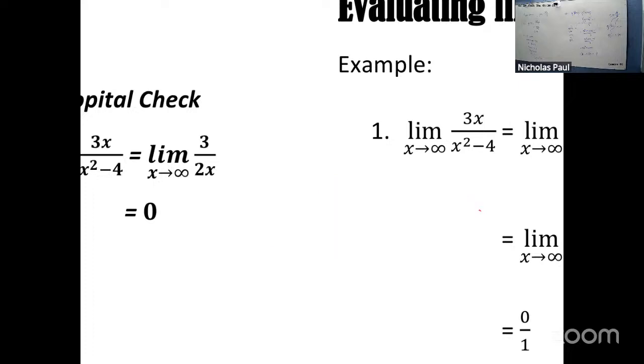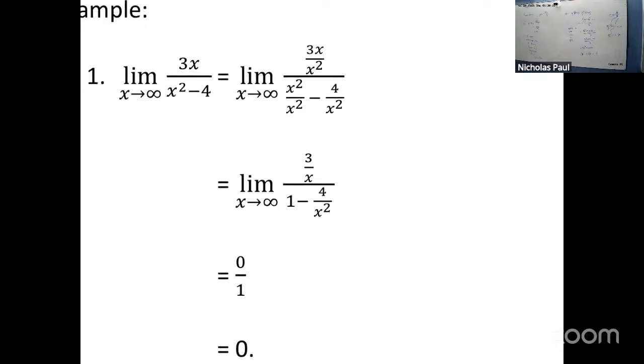Kisha, what's the highest power of x? x squared, right? So we're going to divide each term by x squared, and you will end up with this here. Divide this by x squared, this by x squared, this by x squared, and you end up with 3 over x, over 1 minus 4 over x squared.